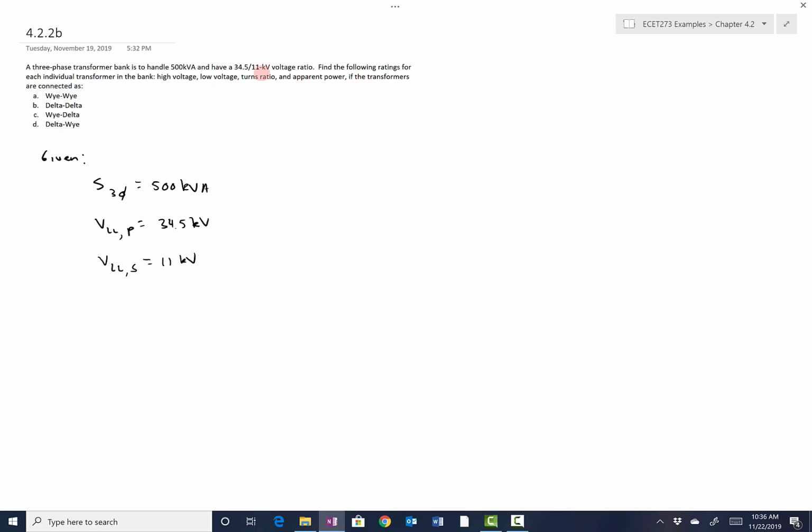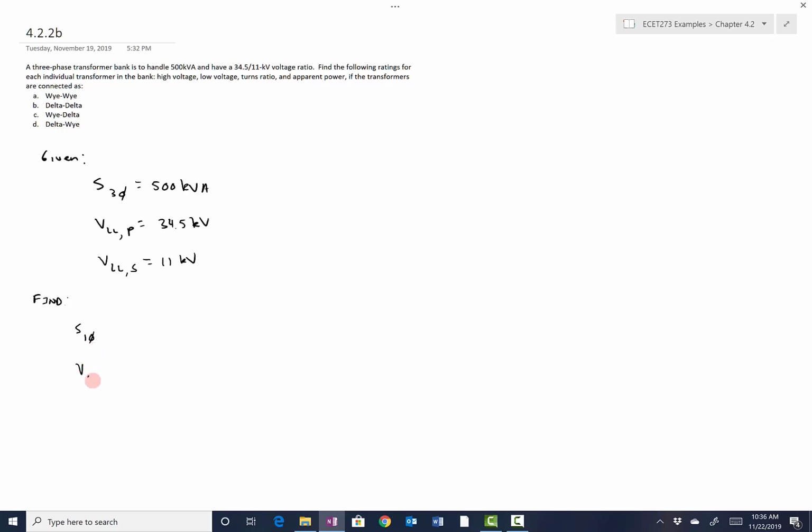What we want to do with that information is find the following. What is the single phase apparent power rating required of the transformers we're going to use? We're going to be using 3 different transformers. How much apparent power does each of them need to be rated for?